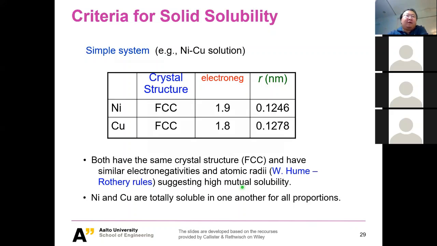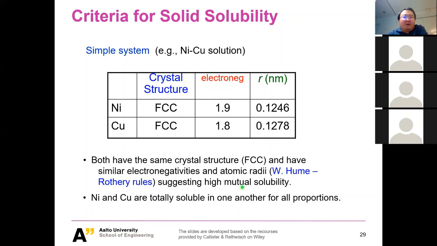And then you're probably wondering, how is the solubility defined? The decisive factors for solid solubility come from three factors. We will not give quantitative equations here, just some qualitative understanding. The solubility will increase with the similarity of these three features.